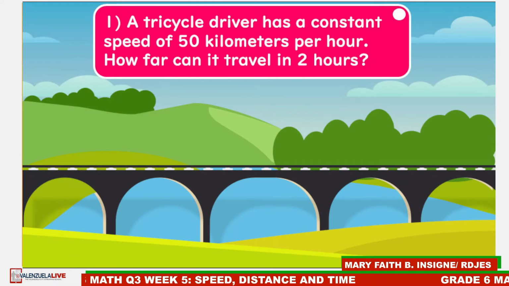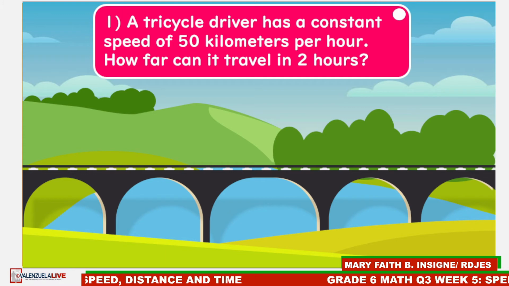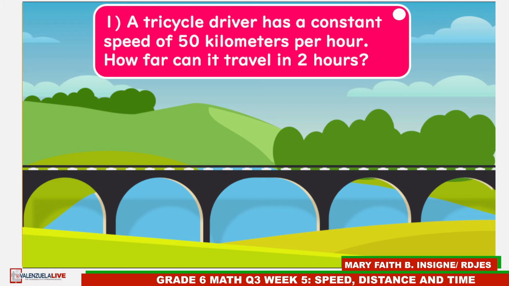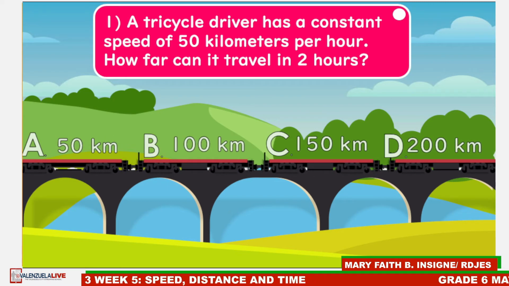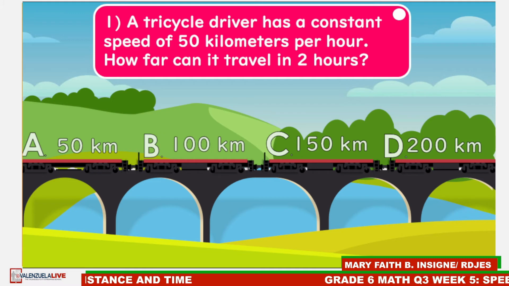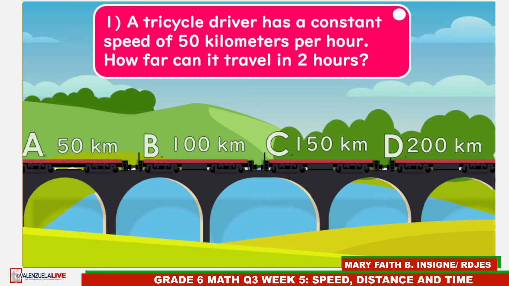The first problem is, a tricycle driver has a constant speed of 50 kilometers per hour. How far can it travel in 2 hours? The choices are letter A, 50 kilometers. Letter B, 100 kilometers. Letter C, 150 kilometers. And letter D, 200 kilometers.